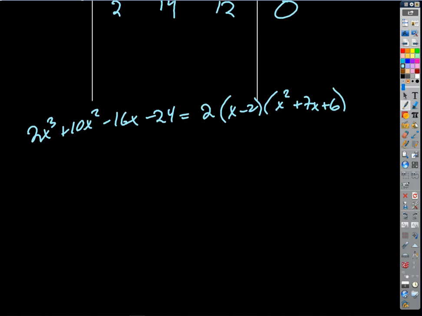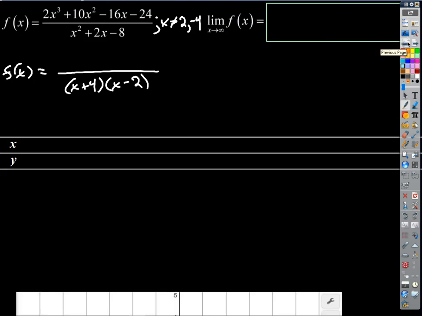That's 1 and 6, and so that factors into x plus 6 and x plus 1. So I end up with 2 times x minus 2 times x plus 6 times x plus 1. So let's go back and write that. So what was that again? 2 times x minus 2.